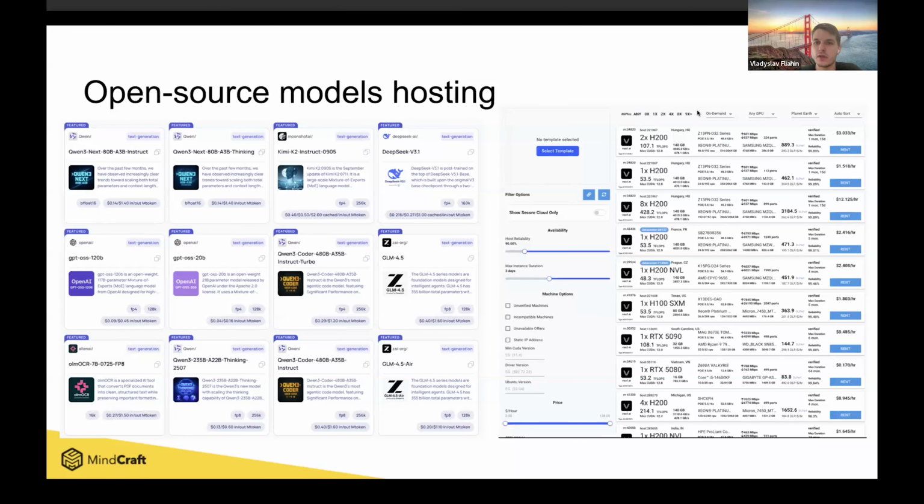This is the Vast AI platform, sorry, that we have used on several of our projects. And you can rent almost anything here at a pretty reasonable price per hour.